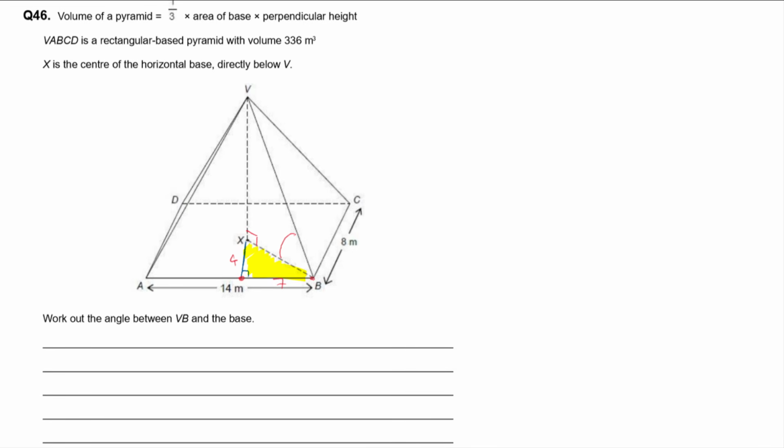So I'm going to say XB squared is equal to 4 squared plus 7 squared using Pythagoras theorem. So that's 16 plus 49, which adds up to 65. So then XB then is the root of 65. I'm just going to leave it as the root of 65 for now. Just add that into my diagram.